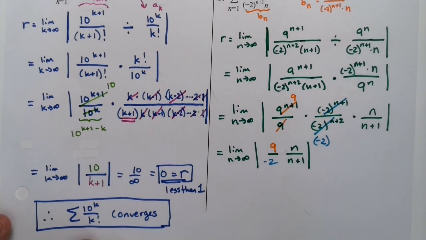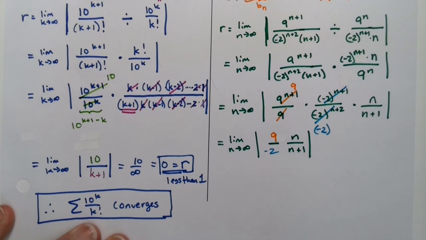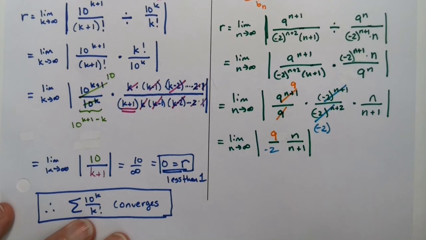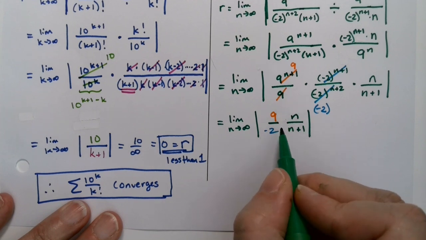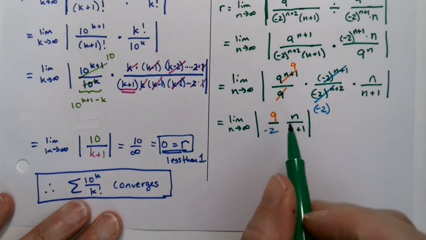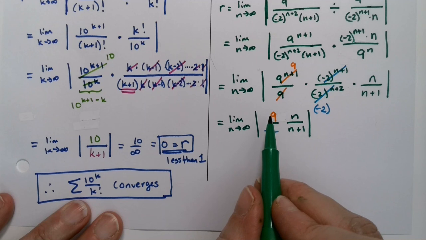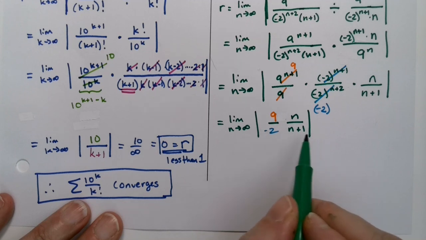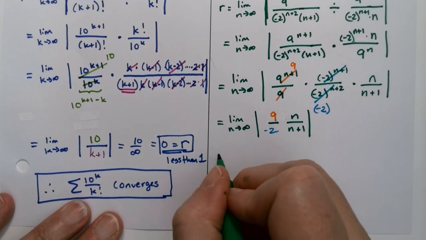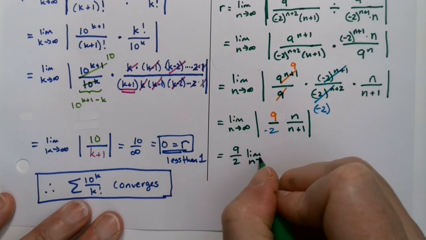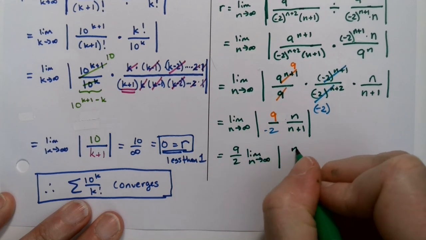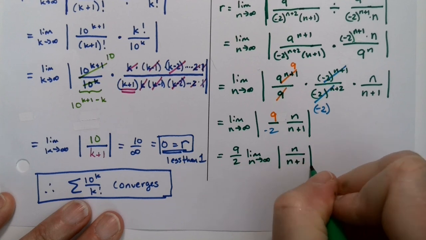Okay, so then let's think about this. That's a constant right here. This is 9 halves. Well, it's 9 over negative 2, but there's an absolute value there. So that's actually going to be 9 halves, the limit as n goes to infinity of the absolute value of n over n plus 1.